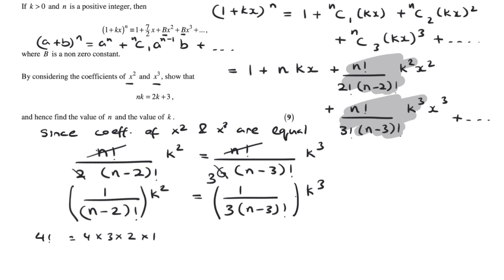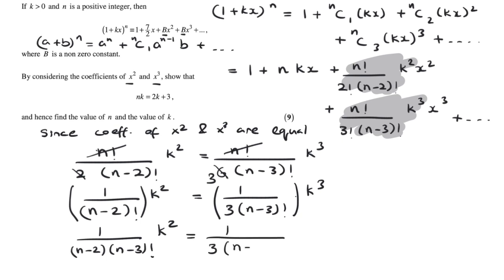Similarly, on the left hand side I've got (n minus 2) factorial, which is simply (n minus 2) times (n minus 3) times (n minus 4), and so on. So I'm going to write it as (n minus 2) times (n minus 3) factorial. That will now cancel out with the (n minus 3) factorial on the right hand side.